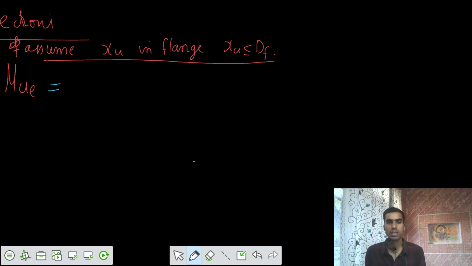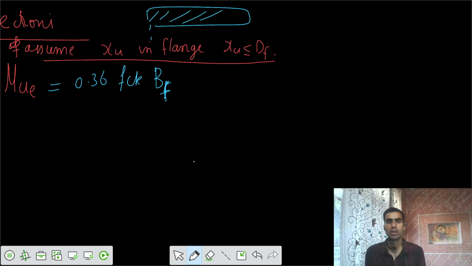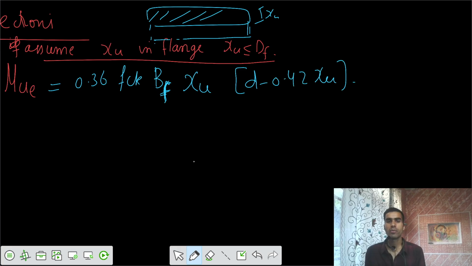That is 0.36 FCK BF XU, into D minus 0.42 XU, where BF is the total flange width. This is the easier equation we have.